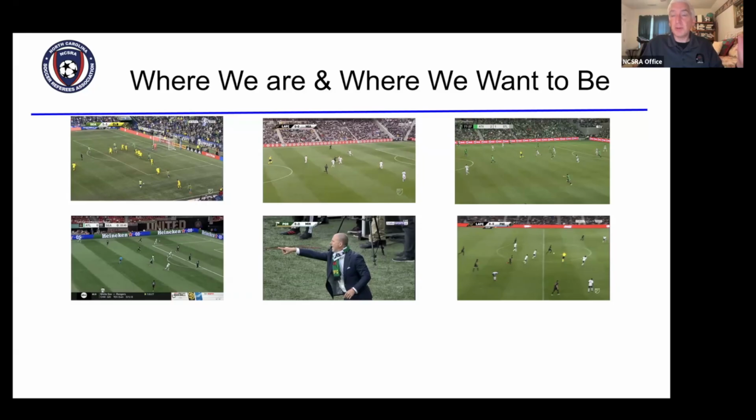I'm going to stop the image, and that's how you tell. Take a mental snapshot in your head when the ball is played. If the player is in an offside position and meets those three criteria that we've been going over, it's easy. It's offside. You'll see it here too as we go through these clips because I do stop them.